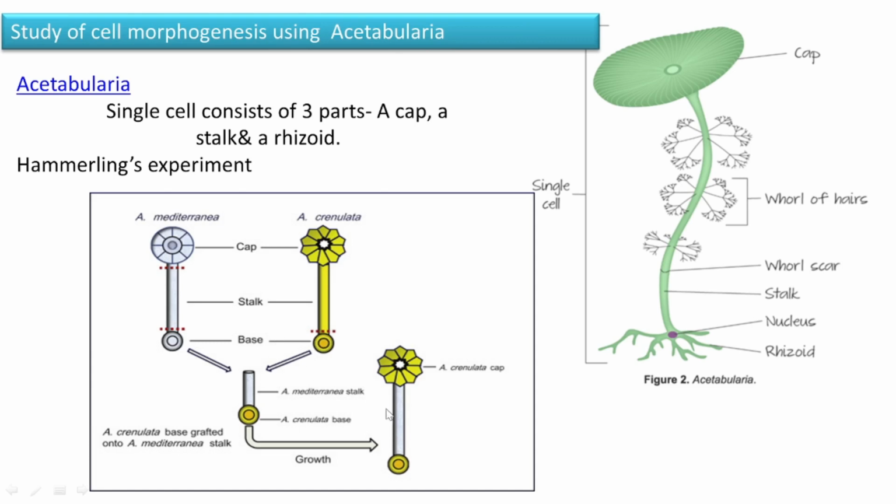As an example, as we take the case of one progeny, we can find that here the stalk belongs to Acetabularia mediterranea, but that cap belongs to Acetabularia granulata. Why? Because here the nucleus comes from Acetabularia granulata. So, as the nucleus determines the type of the cap, here the cap formed is that of Acetabularia granulata. Okay. In that way, they found that nucleus carries the hereditary or the developmental information.